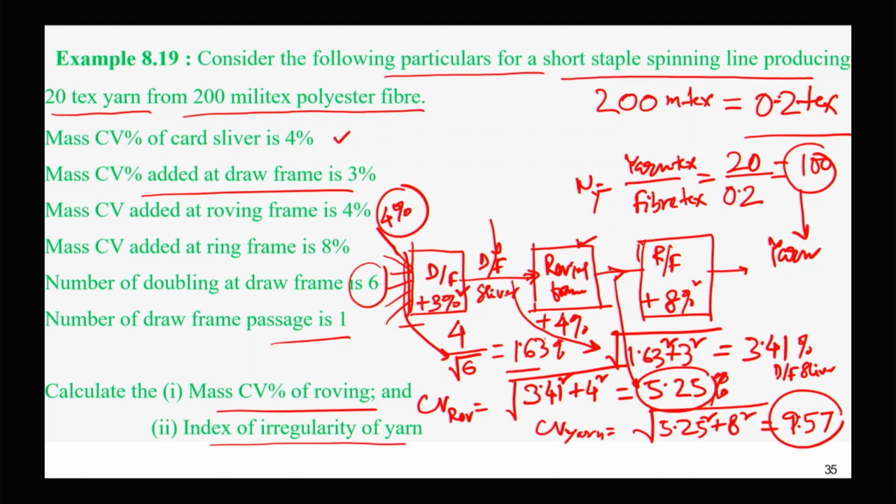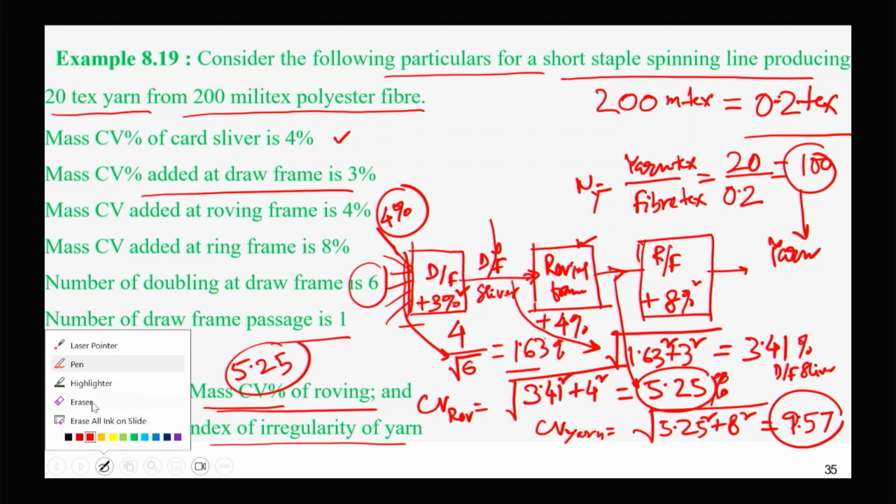The 9.57% is the CV of yarn. So the mass CV of roving is 5.25, which was asked, and the CV of yarn we have also got.